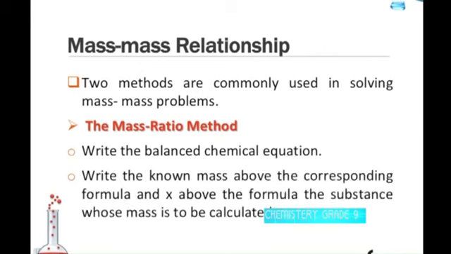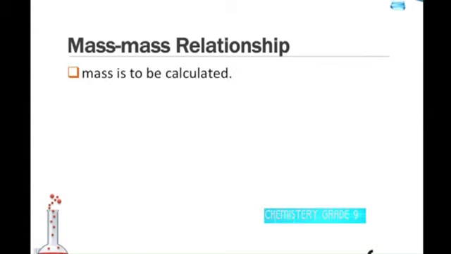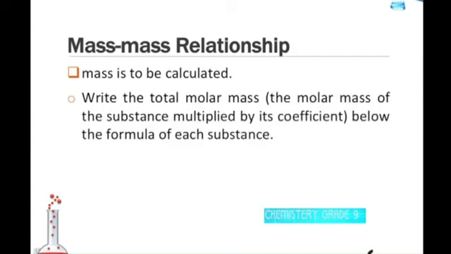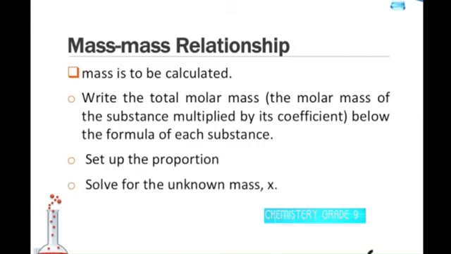We write the known mass above the corresponding formula and X above the formula of the substance whose mass is to be calculated. Then we write the total molar mass, the molar mass of the substance multiplied by its coefficient, below the formula of each substance. Then we set up a proportion and solve for the unknown mass, X.